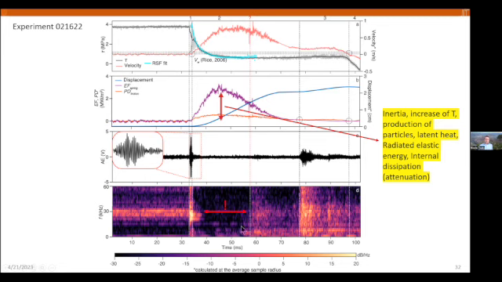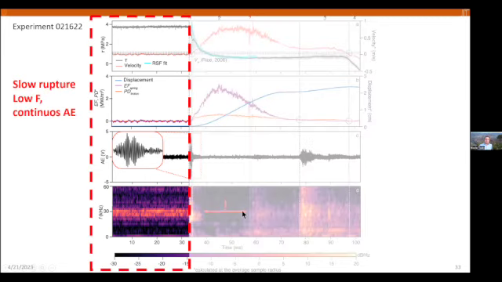The interesting part is this one, which is extremely interesting. So we can divide this in 4 parts. We do have a slow rupture with low frequency continuous acoustic emission. That was what I was showing you before the big event, right? This patch of melt, solidified melt that was breaking very slowly.